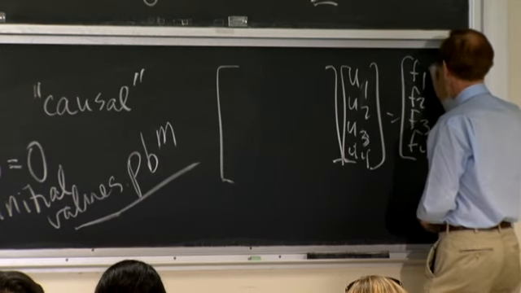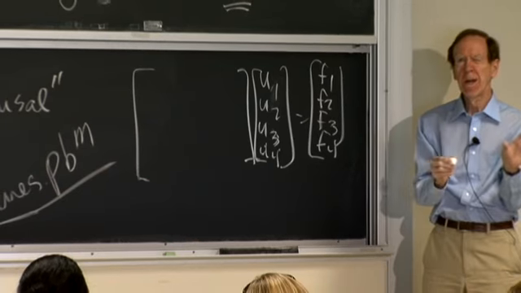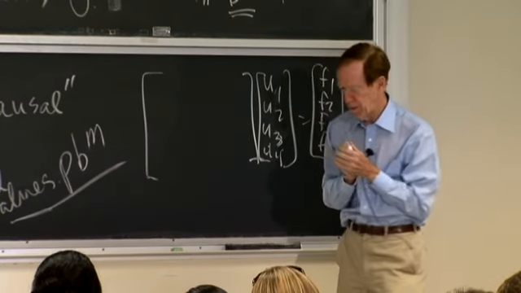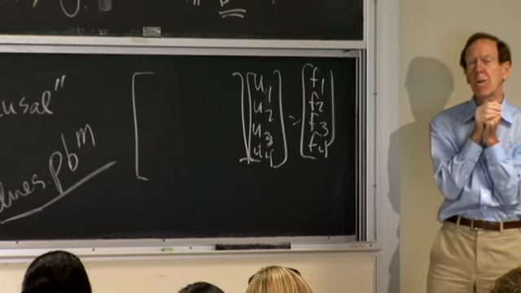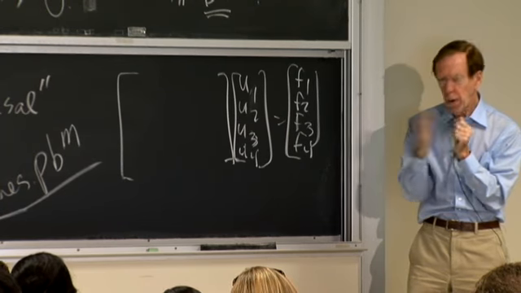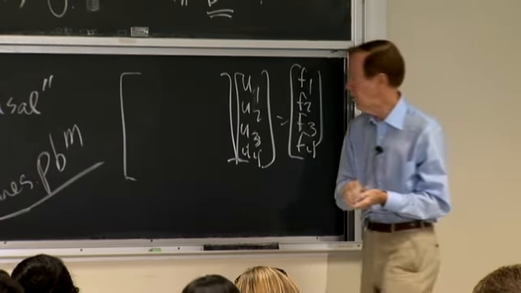What do you think, what kind of a matrix am I going to get, before I put it in there? This is a good question. What's the shape of this matrix? It's going to be triangular. Instead of being symmetric, it's going to be triangular.